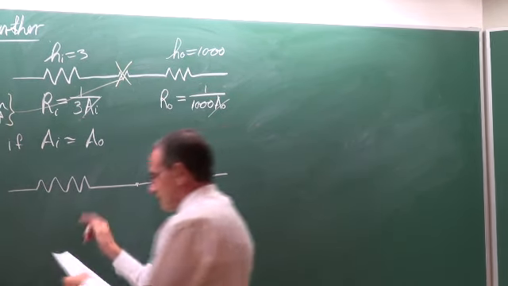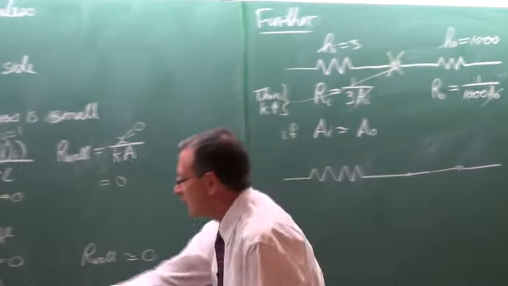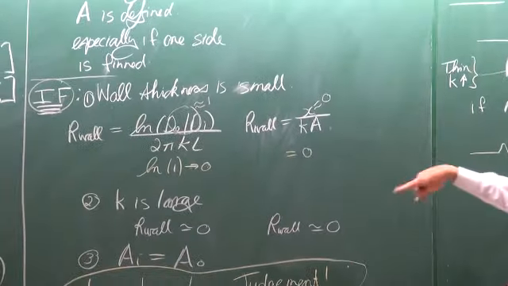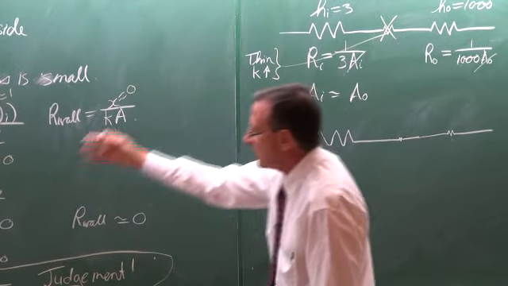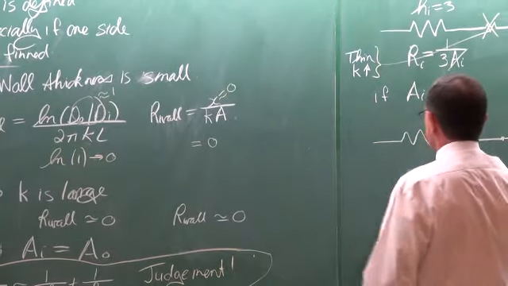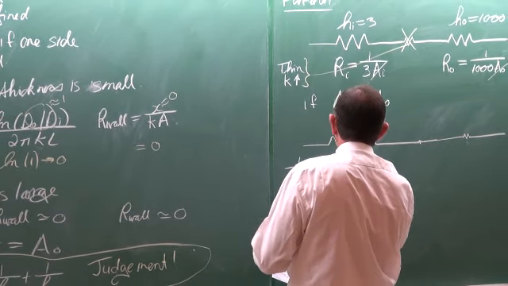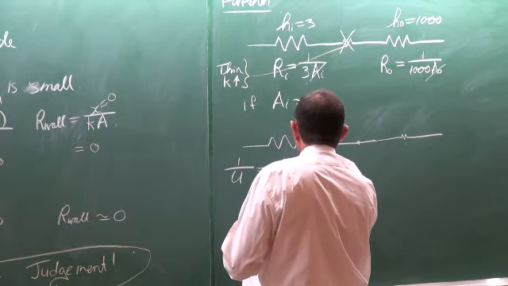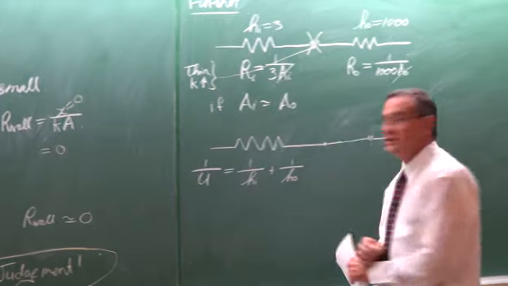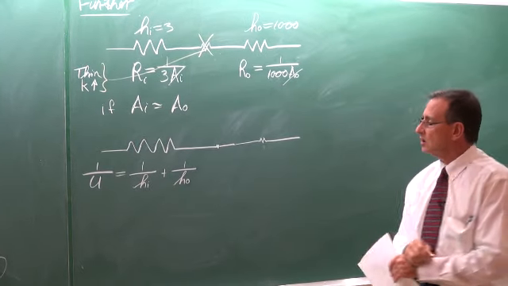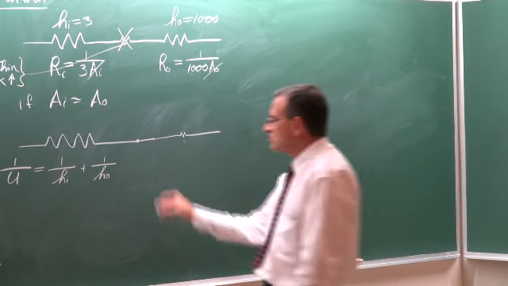So if we now look at this specific problem, we can see it is valid: the wall resistance is small, k is large, the areas are the same. Then we can say 1 divided by the overall heat transfer coefficient is equal to 1 divided by the heat transfer coefficient on the outside plus 1 divided by the heat transfer coefficient on the inside plus 1 divided by the heat transfer coefficient on the outside.